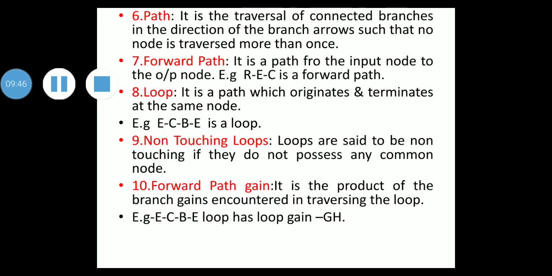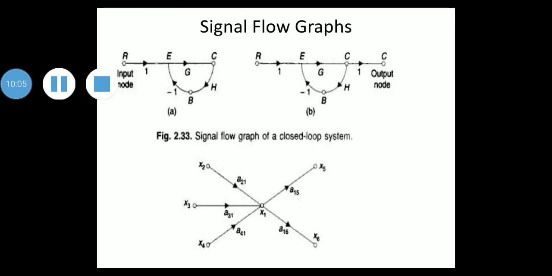Next, loop. It is a path which originates and terminates at the same node. Okay, is it clear? So you refer that example. You can see E C B E is a loop.